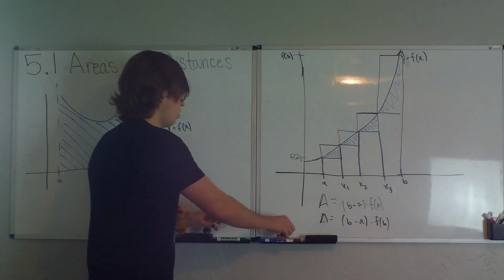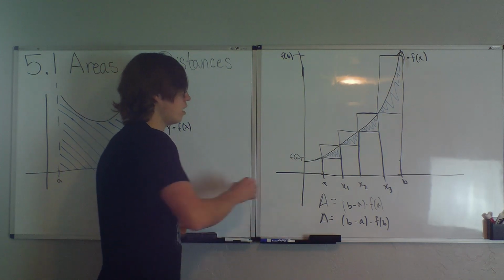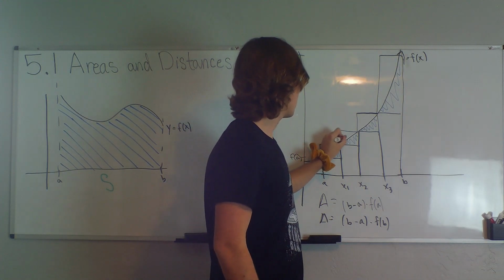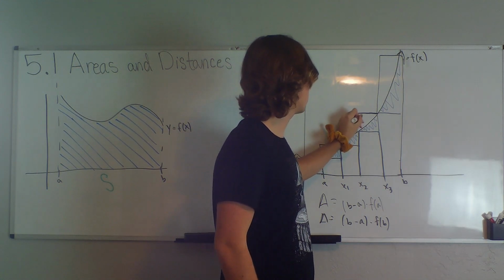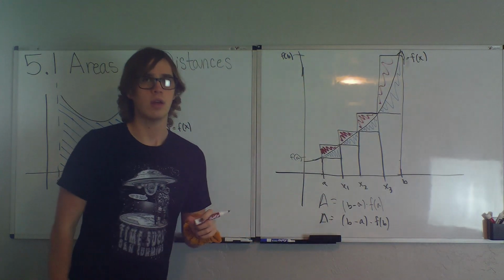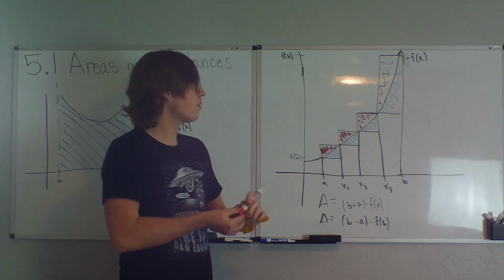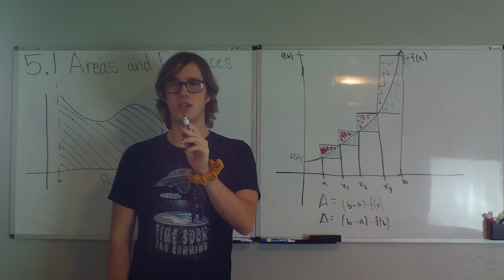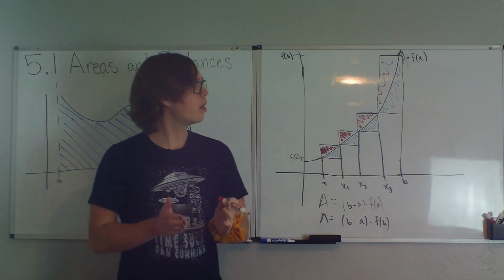And we see, well, now this is definitely an overestimation, because we see all this red, and it's like, well, this is way too much. The other one is way too little. What we should notice is, now that we have 4 rectangles, the overestimation and the underestimation is getting smaller.